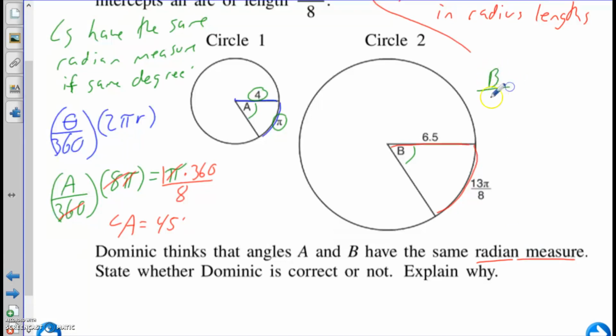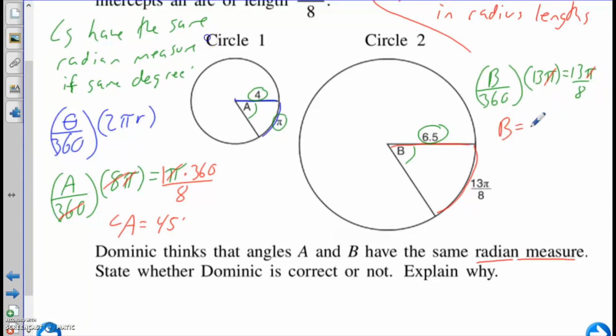Well, it's going to be B over 360 times 2 pi r with this, double that is 13 pi. And we're saying that equals 13 pi over 8. Again, we could get rid of the pi on both sides. So let me actually do this over here.